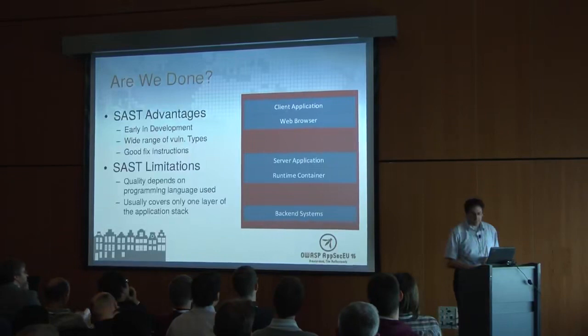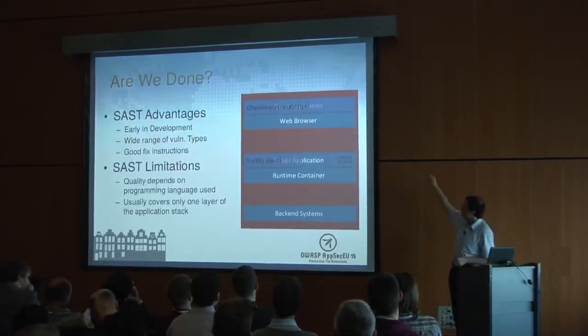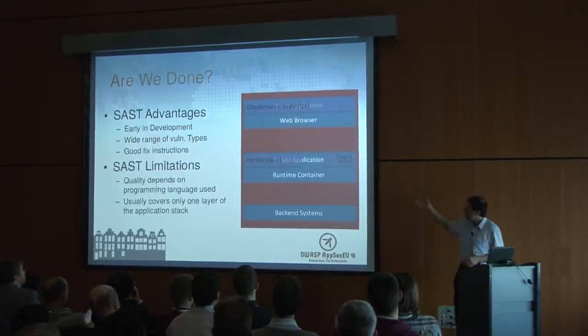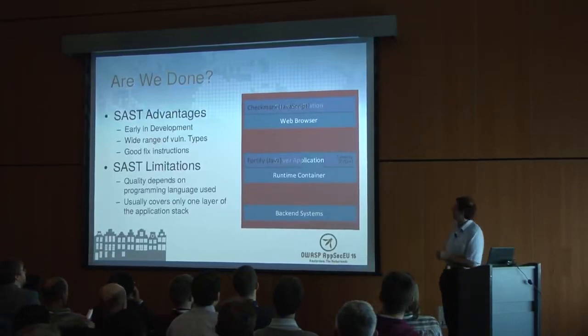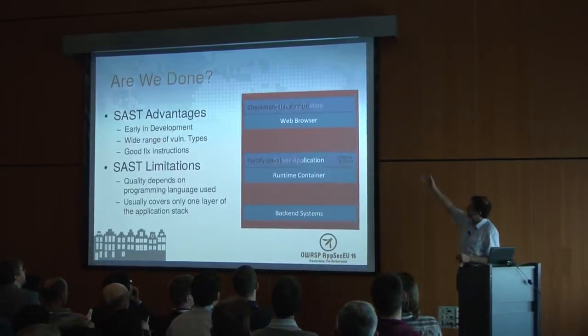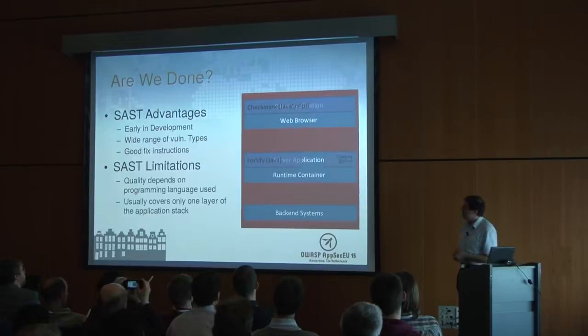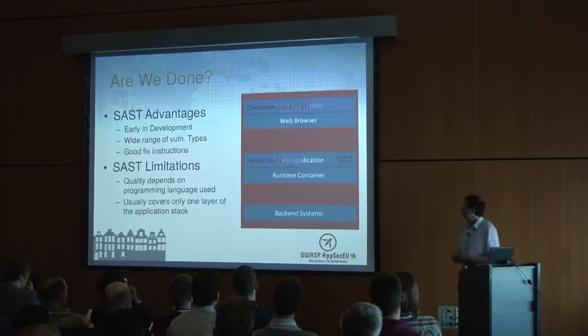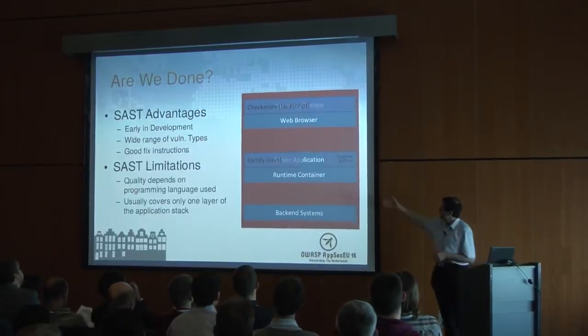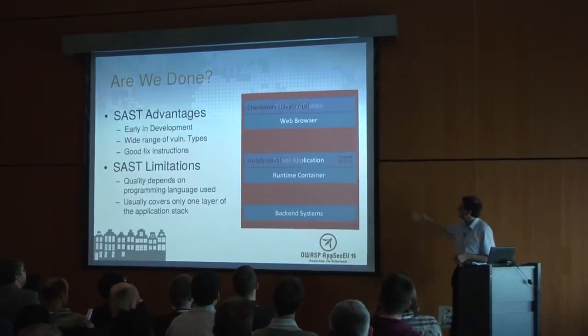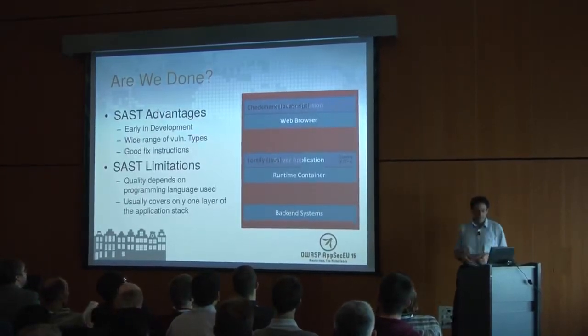And what we can cover very well with static analysis is one of those layers. So if we recall how we are using the tools currently, we most likely will use Checkmarx for the JavaScript part running in the web browser on the client side. For the server application, for the Java part, we will use Fortify, and for the C++ part, Coverity.